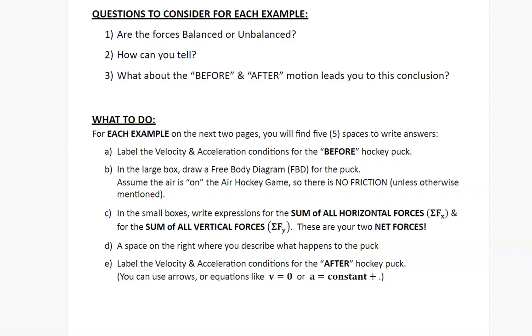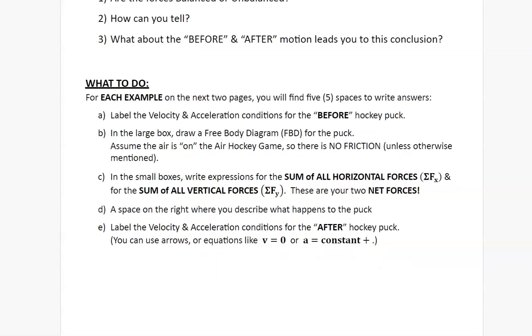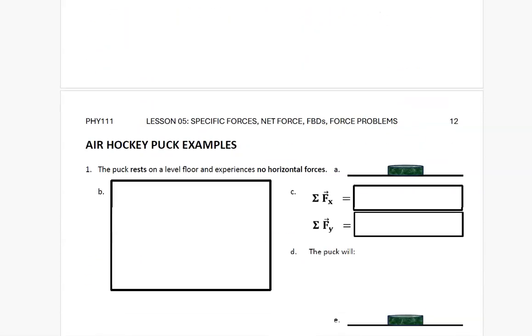In other words, after the action has happened, what does the hockey puck look like? Is the velocity 0? Is it some positive number, some negative number? Is the acceleration 0, positive, negative, etc.? All right, so let's look at these problems. It'll make more sense once we go through them one at a time.